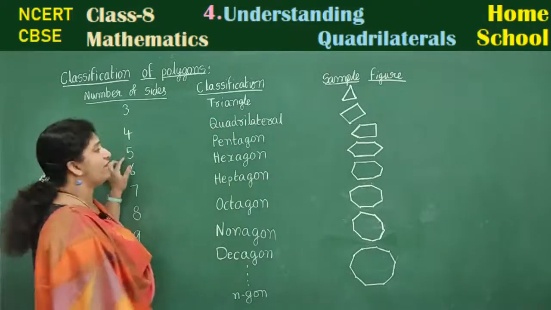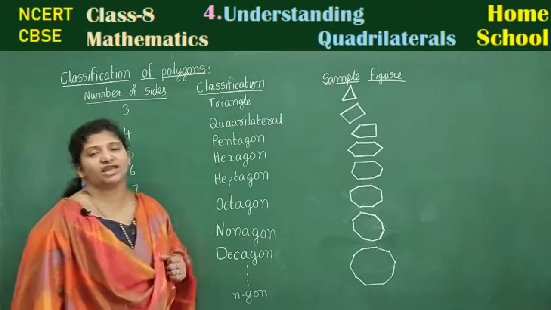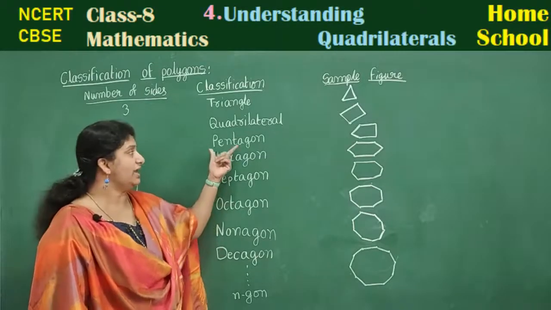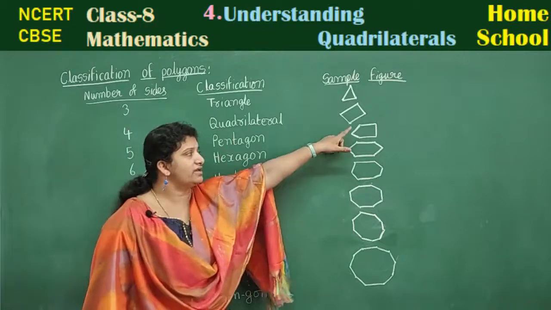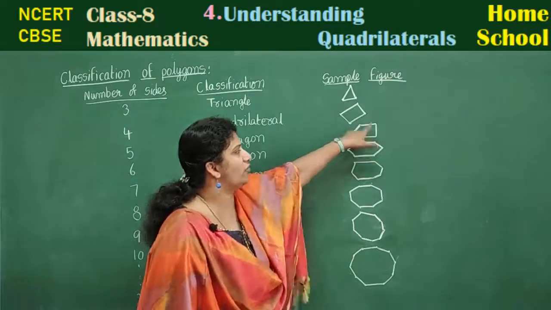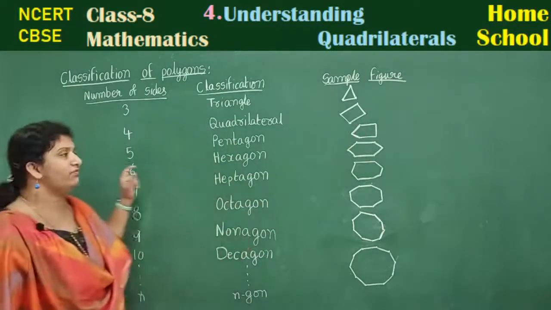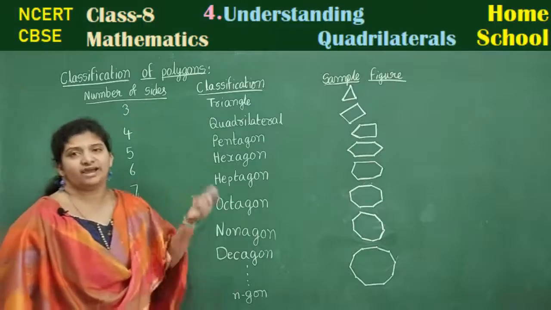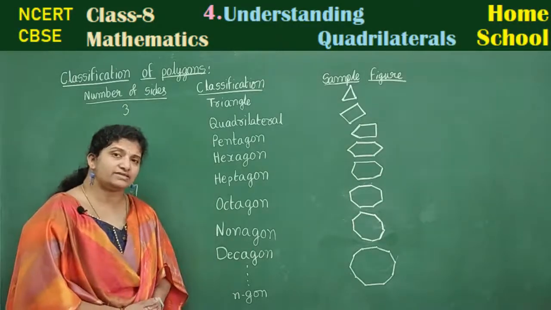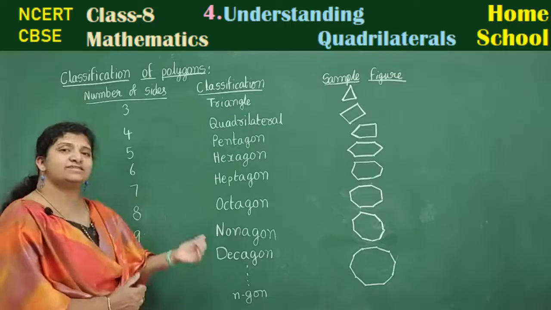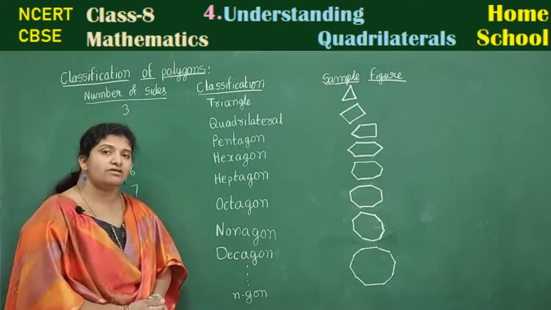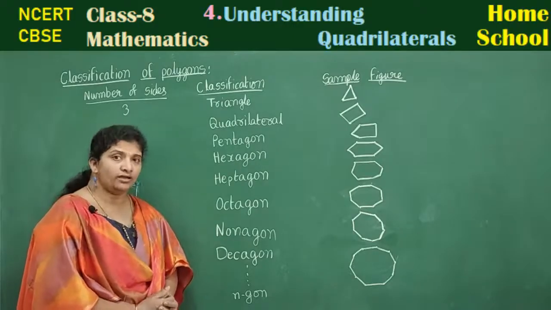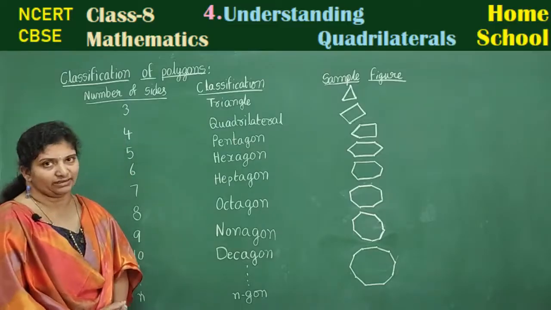And if you have 5 sides, what is the name we call it? It is a pentagon. You can see here 1, 2, 3, 4, 5 sides. If you have 6 sides, hexagon. 7 sides, heptagon. 8 sides, octagon. 9 sides, nonagon. 10 sides, decagon.